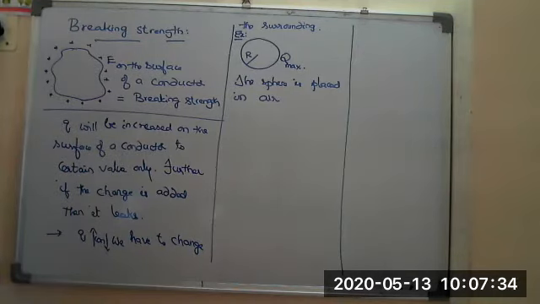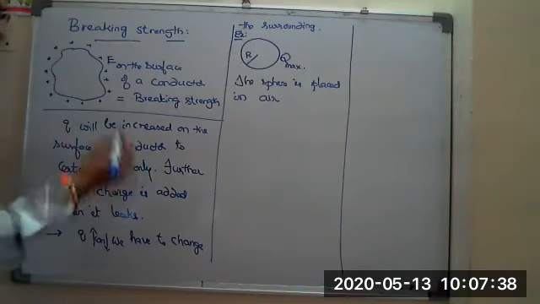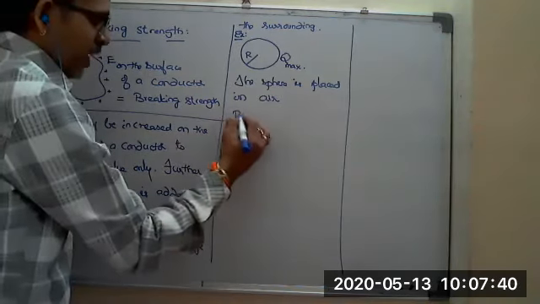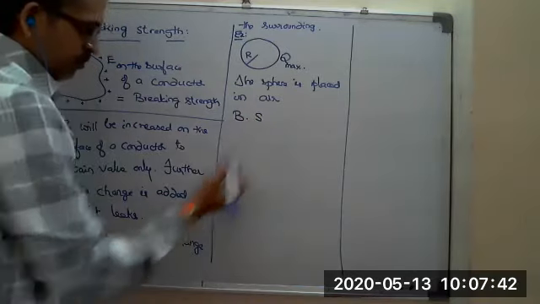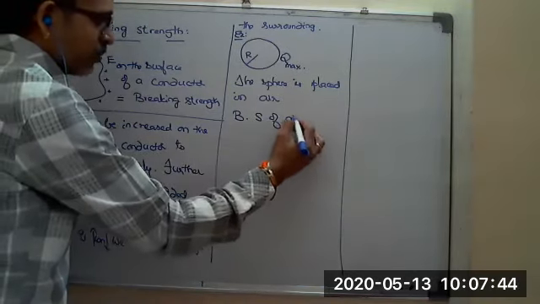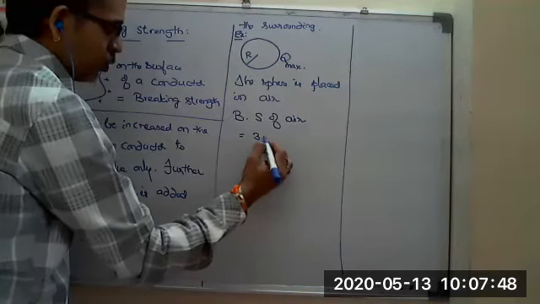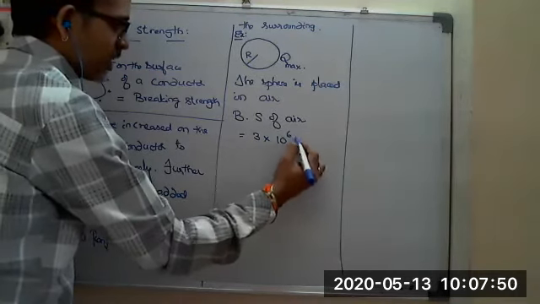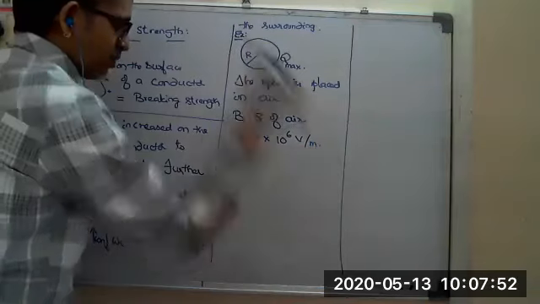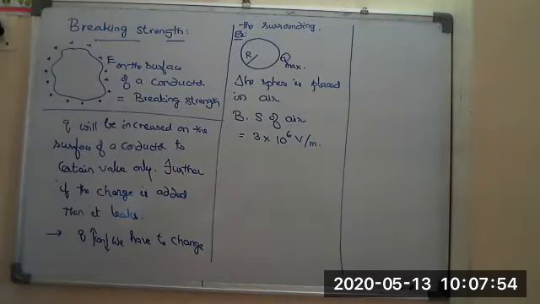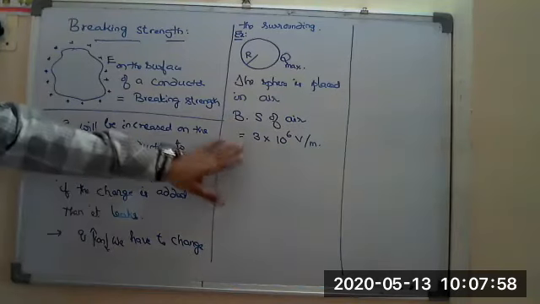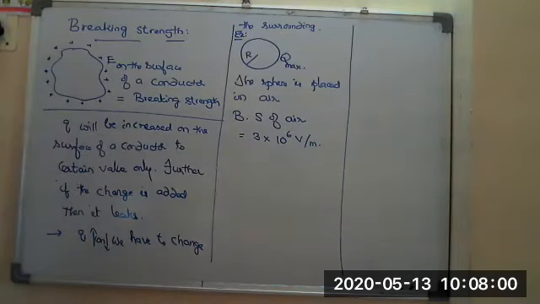Then what will be the breaking strength of the medium? That is air. The breaking strength of air, they found, is equal to 3 into 10 power 6 volt per meter. Volt per meter means the electric field intensity.